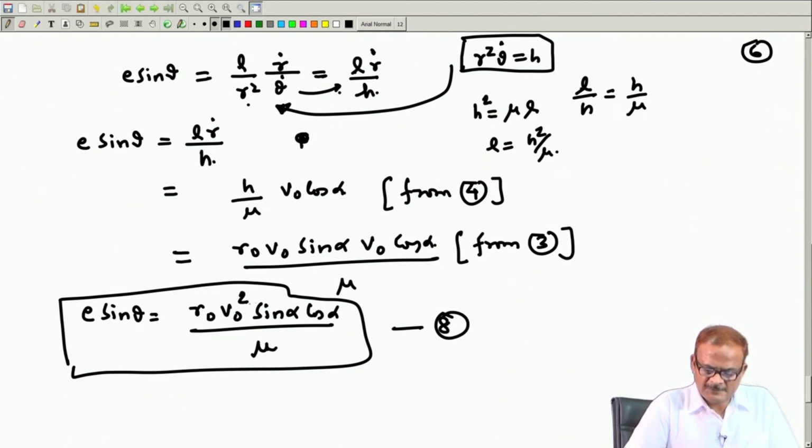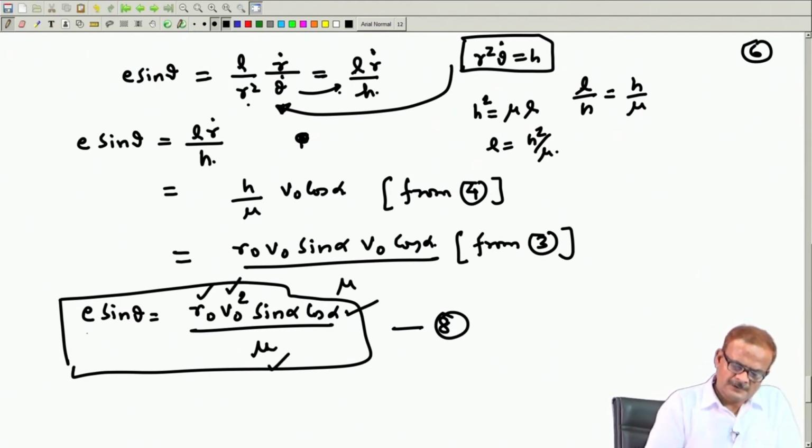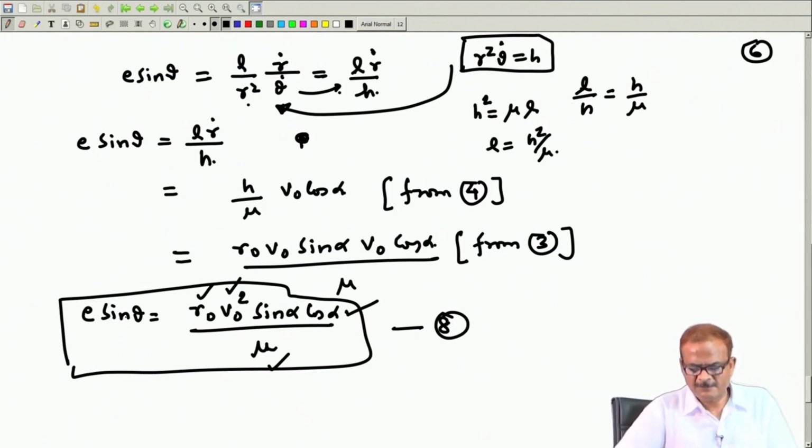Definitely we will be able to find theta from this place. E sin theta and E cos theta are there. Here alpha is known, r 0 is known, v 0 is known, mu is known. Okay. If we also get E cos theta, we can eliminate E and get it in terms of sin theta and cos theta. So, it will be solved for theta in this case.